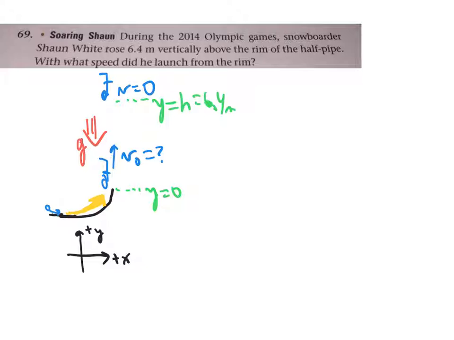So, for instance, we'd be able to say, here, we want a kinematic equation. Notice that we don't have and don't care about the time. We weren't given it in any quick form, and it wasn't something that we were asked to find.